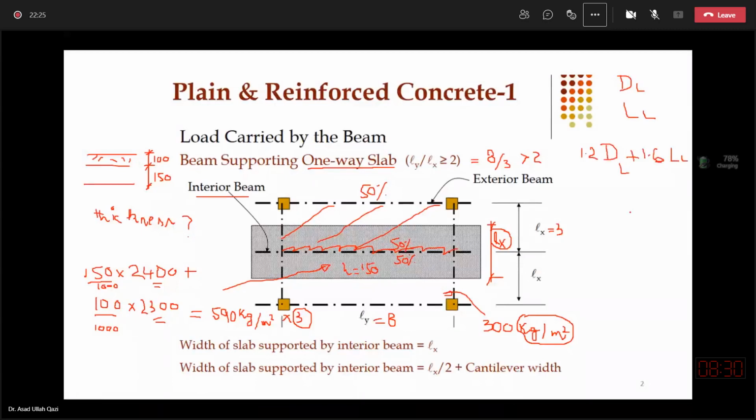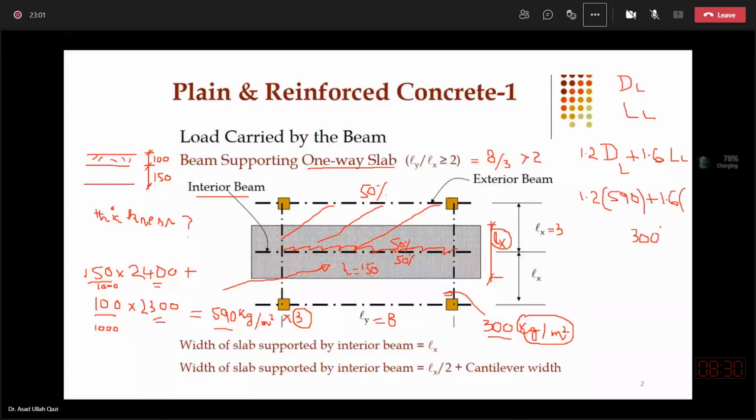So what I will do is multiply the calculated 590 with 1.2, plus 1.6 into the selected service live load on the slab, which is 1.6 into 300.